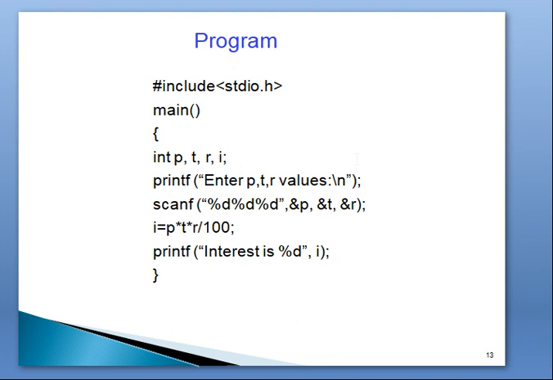So observe here: hash include stdio.h, main function, declaration of the variables principal p t r i, printf function. Observe this printf function carefully. In this printf function we are asking enter p comma t comma r values.